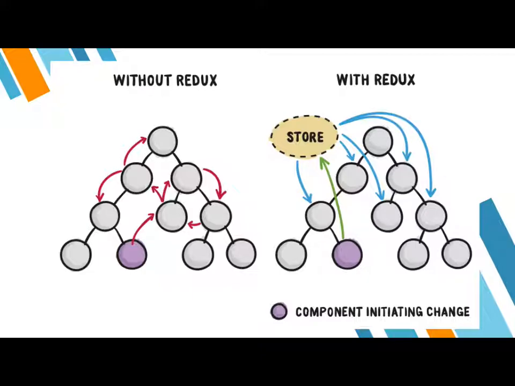So on the right with Redux, you can see that we have this place that exists outside of our components. It's bigger than our components. And each one of our components can grab stuff from this place. And also, it can do some things that will affect this place. This place is called the store.